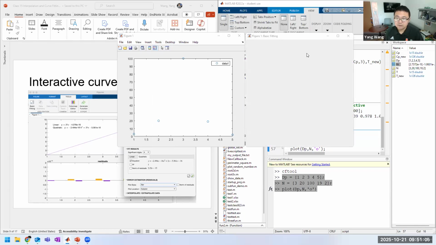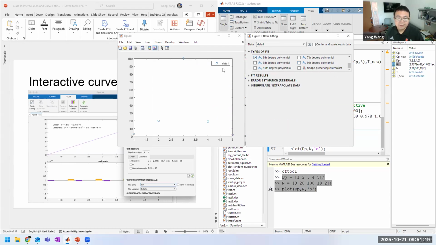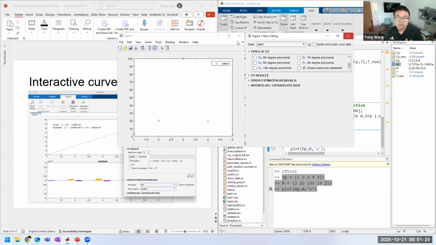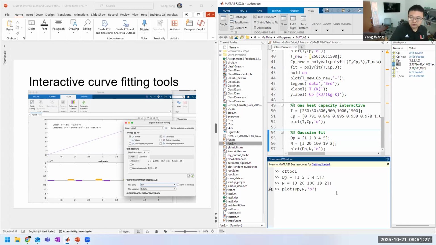Now if you do the basic fitting here, there's no way you can do the fitting, because everything is polynomial. Although you could do, let's say, a ninth order polynomial, it's not going to give you the actual Gaussian distribution, because the Gaussian distribution depends on an exponential.